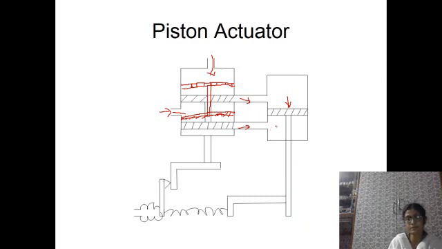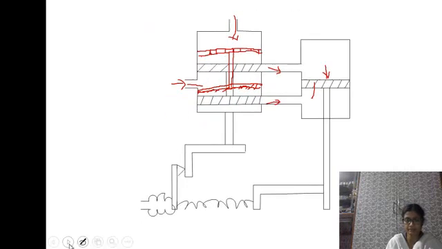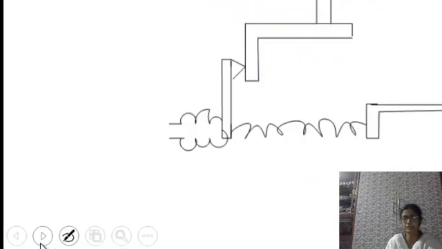So the lower chamber pressure will increase with respect to the one above. Then the upward thrust will be more. As a result, the stem will move in the upward direction. So this is the functioning of the piston actuator. Only if we understand the diagram can we explain the functioning.